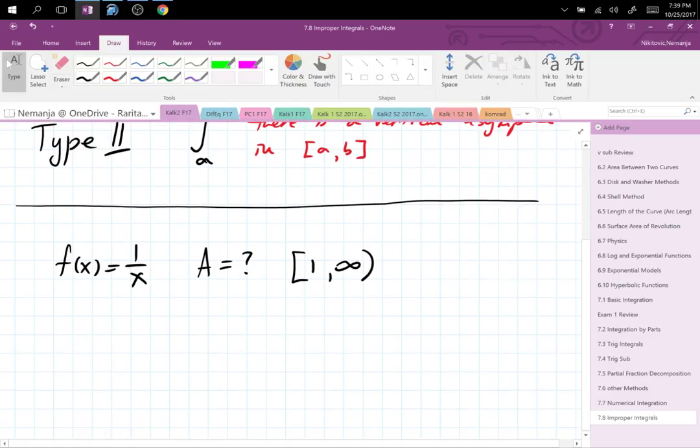Well, you know how to set up that integral. Area is a definite integral from 1 to infinity, 1 over x dx.